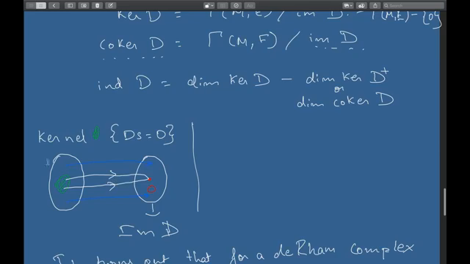You have x and y interchanged, and a kernel that maps onto 0 in x, and the change in dimensionality gives you the index of D. So what is the index of D? It gives you an idea of how many degrees of freedom a particular system of differential equations has.